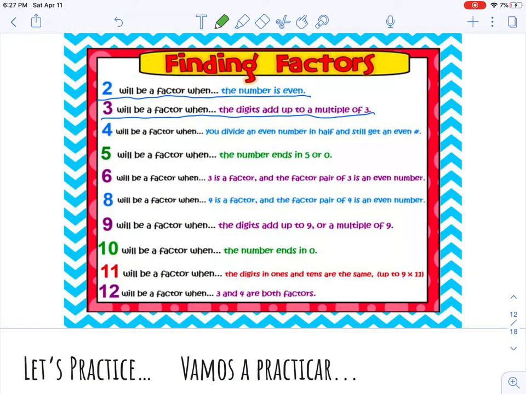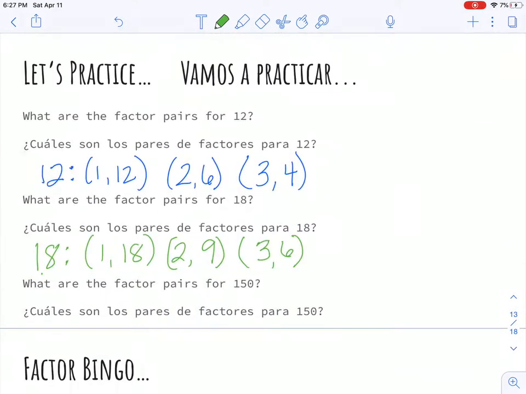So let's try 4. Up here it says 4 will be a factor when you divide an even number in half and still get an even number. That's kind of confusing. So let's think about this. If I divide 18 in half and I get an even number, then I know that it has a factor of 4. If I get an odd number, then it does not have a factor of 4.